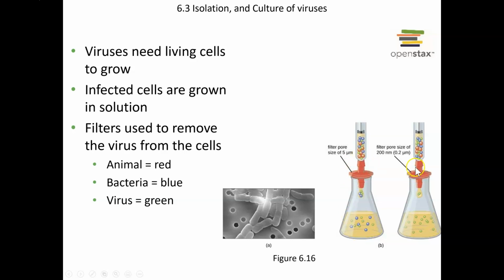And then we can filter this new stuff, and we can filter just the virus out, depending on the size of the pore. Viruses are much smaller than bacteria, so we can use different size filters to filter what we want.